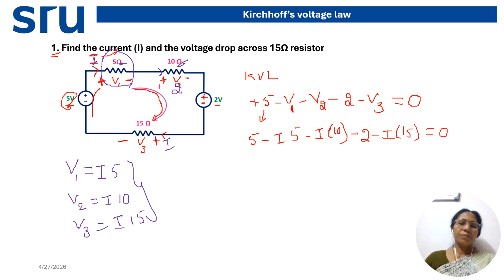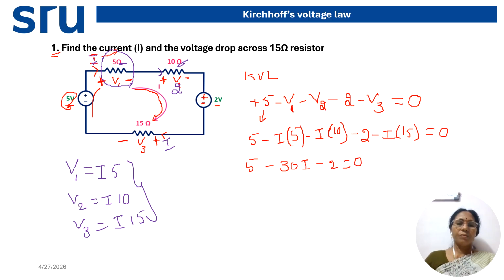Let me write this 5 also in bracket. Now 5 minus, this is how much? Minus 5I minus 10I minus 15I is minus 30I. So, writing the numbers first, then the I terms: 5 minus 30I minus 2 equals 0.